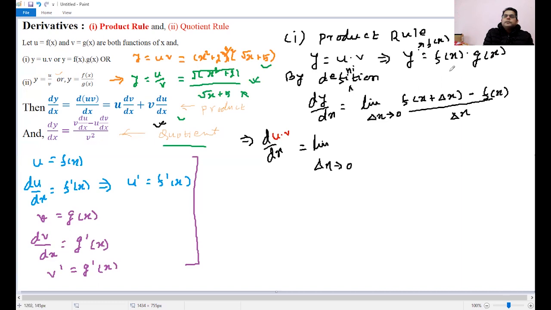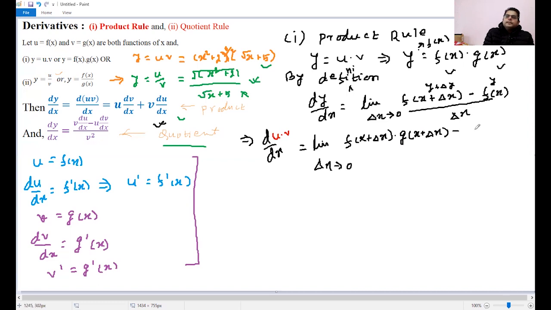At this time we have f(x) g(x), so we have to use both f(x) as well as g(x). So what you can write here is f(x plus delta x), and then another function g(x plus delta x), in place of f(x) only. In fact, it is y plus delta y, and this is y.